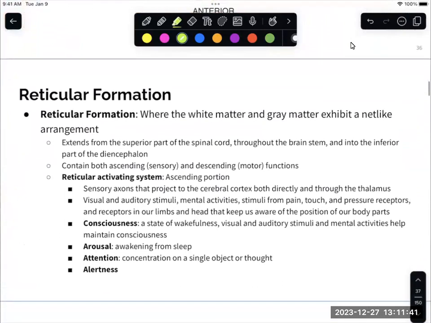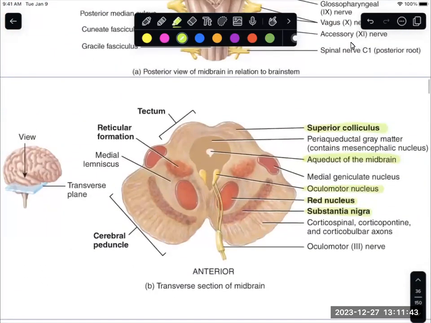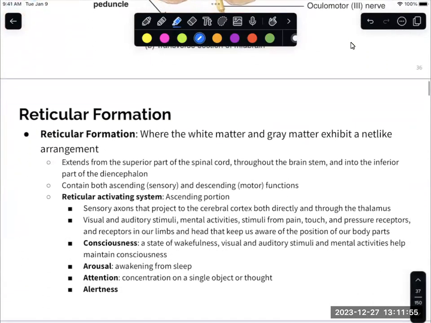So let's look at the reticular formation. You can see the reticular formation here. This reticular formation is going to do several different functions.